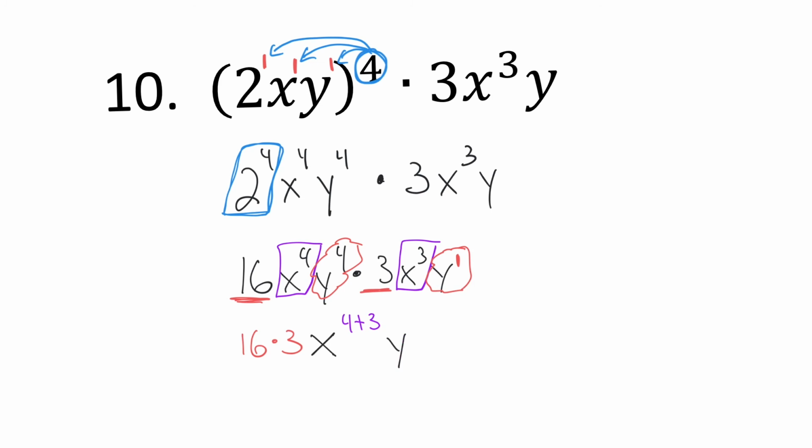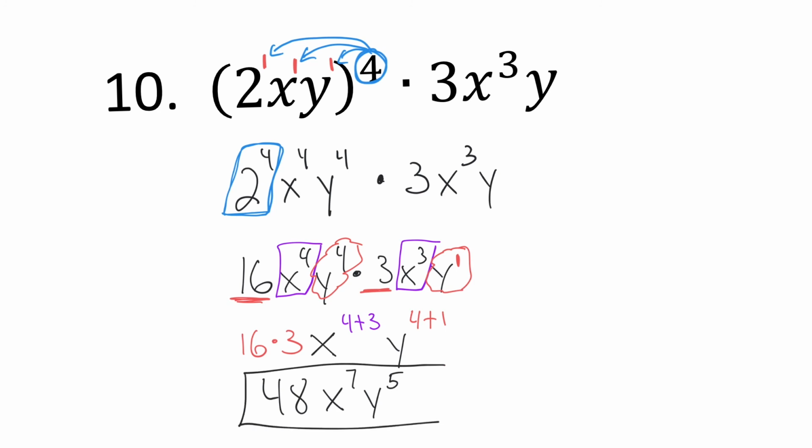So you keep the y, and you add the exponents, 4 plus 1. So 16 times 3, that's going to be 48. X will be to the 7th power, and the y will be to the 5th power, because you're adding the exponents. So there's the answer.